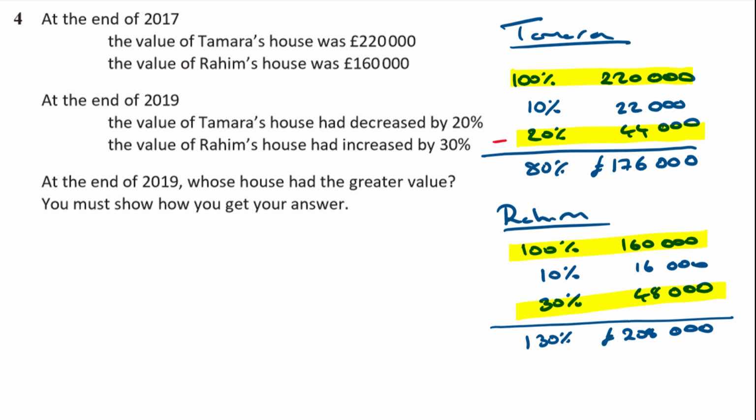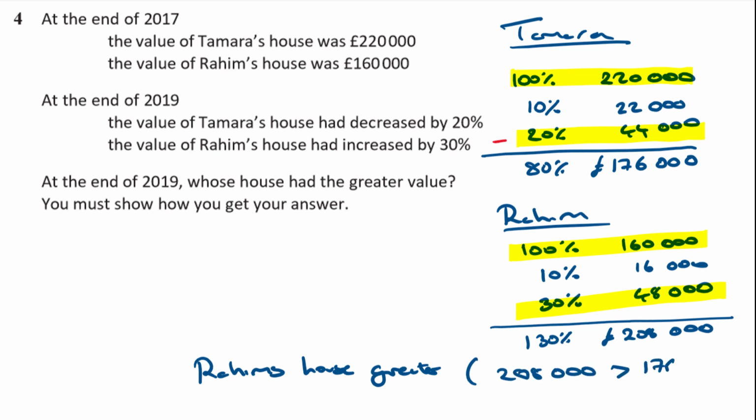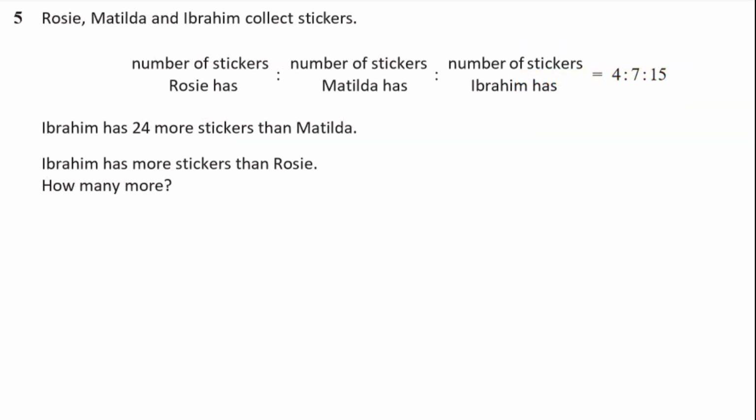So let's answer the question: whose house had the greater value? Rahim's house is greater, and then we're just going to say that 208,000 is bigger than 176,000.